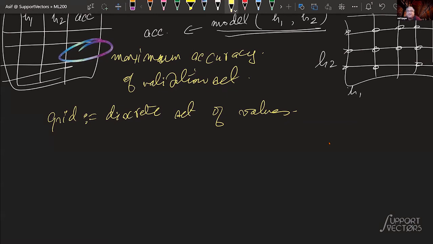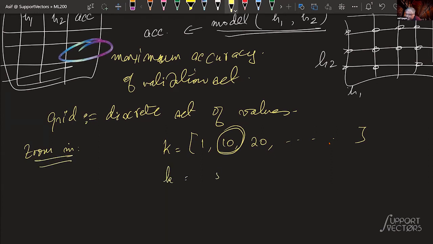Now, one further thing that you could do is you could zoom in. So suppose you went in the beginning with K equal to 1, 10, 20, something like that. And suppose you zoom into 10. In the second round, zoom in means next what can you do? You can take values like 5, 6, 7, 8, 9, 10, 12, 13 maybe, plus minus 3, to see if instead of 10, any of the neighbors give you a better value.